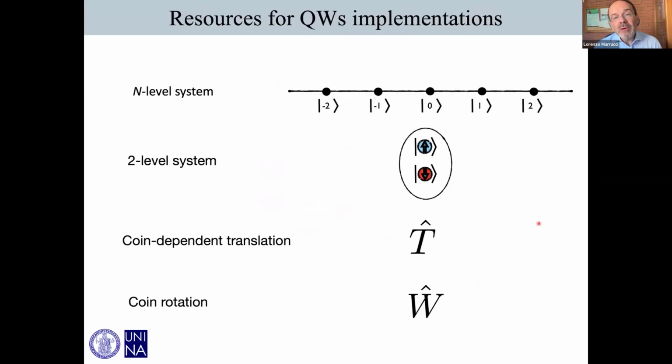So now, in our approach, let's see again what are the resources for quantum walk implementation. We have our n-level system, which is actually in general a 2-dimensional n-level system based on these tilted plane waves. Actually, more precisely, they are tilted Gaussians, but with a very large Gaussian profile.